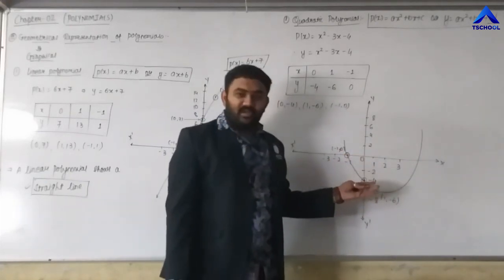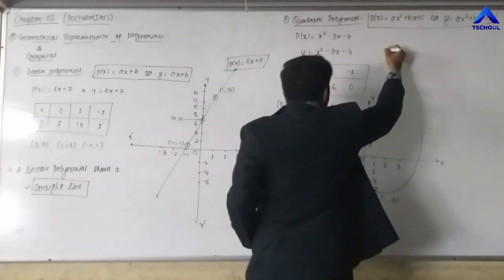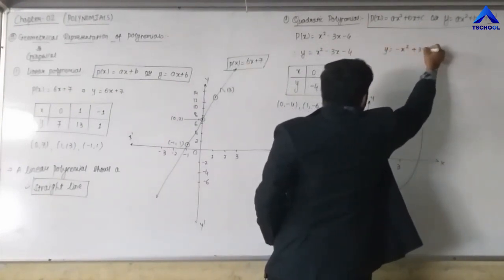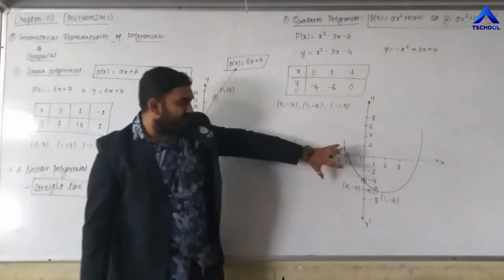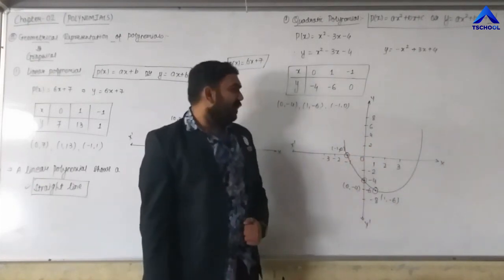And this parabola, when defined by an equation y equals minus x square plus 3x plus 4, will show the reverse case. That means this parabola will have its mouth opening downwards.